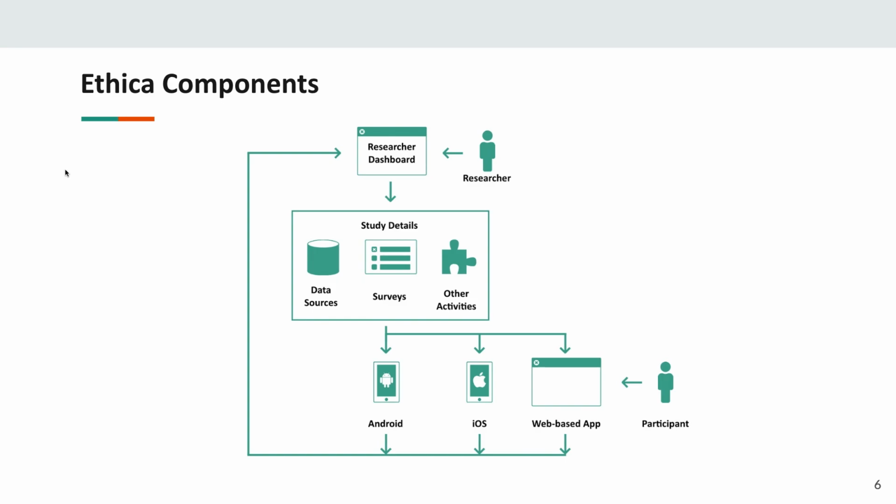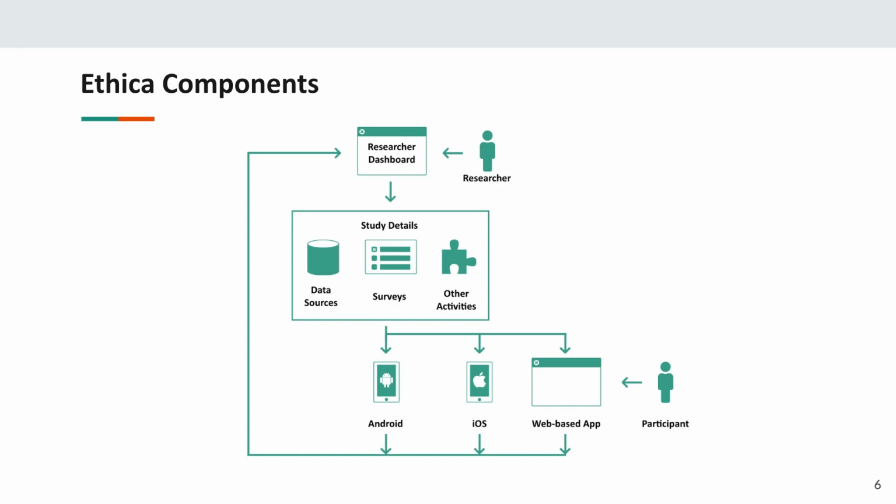So to just give you a bit of background on how the system works, we just signed in as a researcher, and now we just logged into the researcher dashboard. A study is considered the building block of Ethica. Everything that you want to do, you have to start by creating a study.